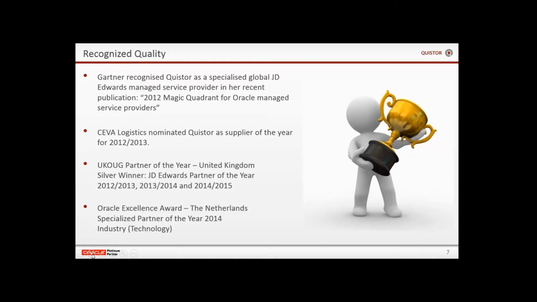And last year we won an Oracle Excellence Award in the Netherlands for Specialized Partner of the Year on the industry technology. That's mainly because we are one of the few partners who really can deliver the full stack of Oracle solutions, from the hardware like engineered systems to the real application solutions like JD Edwards and the BI solutions. Okay, next.